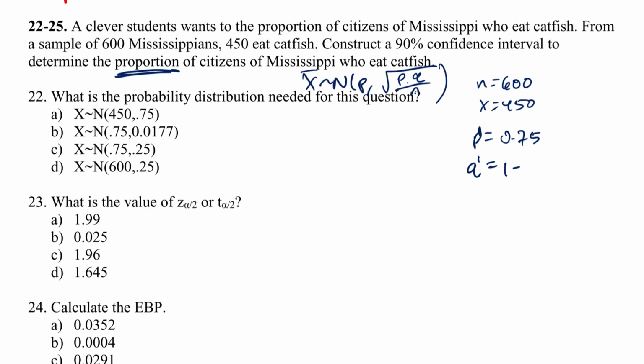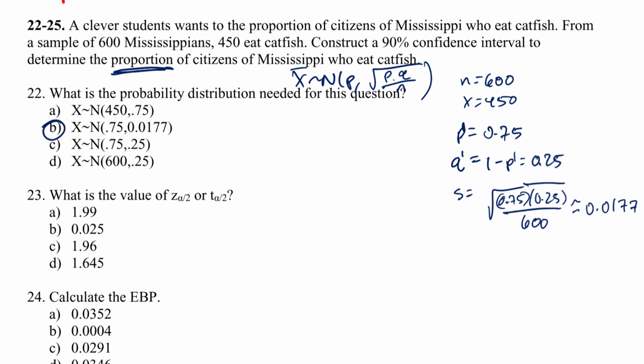To get my sample standard deviation, I need my Q prime here, which is 1 minus P prime, which is going to be 0.25. So my standard deviation is going to be the square root of 0.75 times 0.25 all over 600. And we take the square root of all that, and it should be very small. I get about 0.0177. So B is the distribution that I need to use.